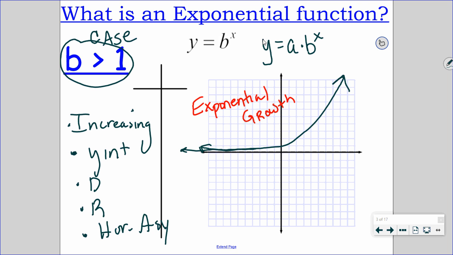And this graph is, like an example would be 2 to the x, or 5 to the x, or 7 to the x. They would all look the same.